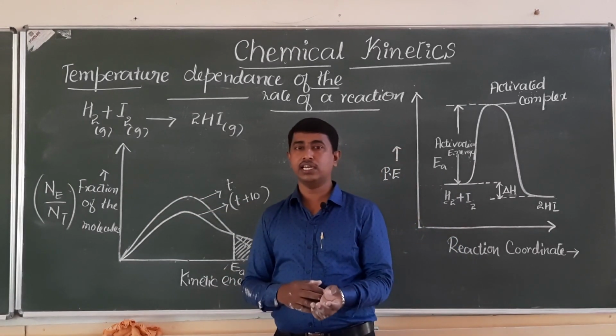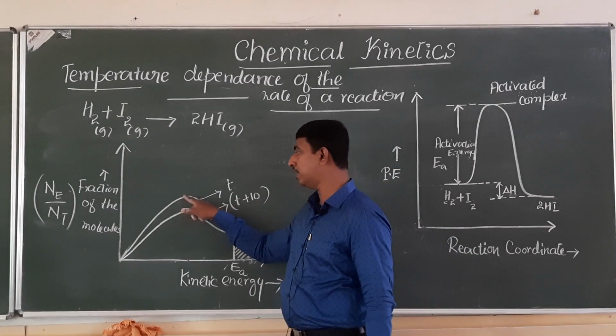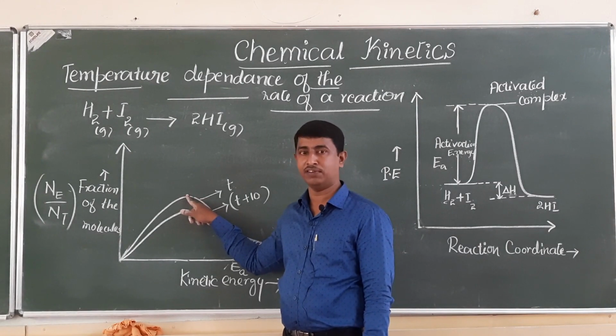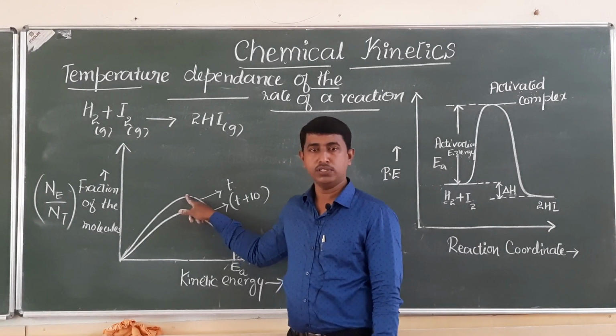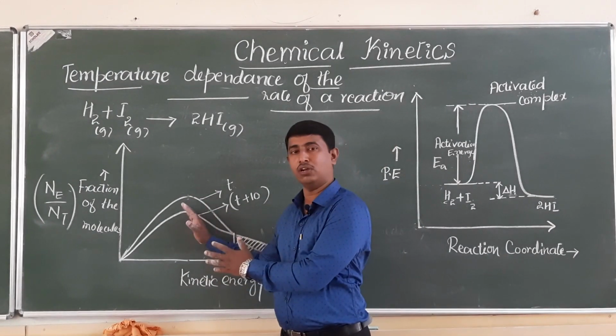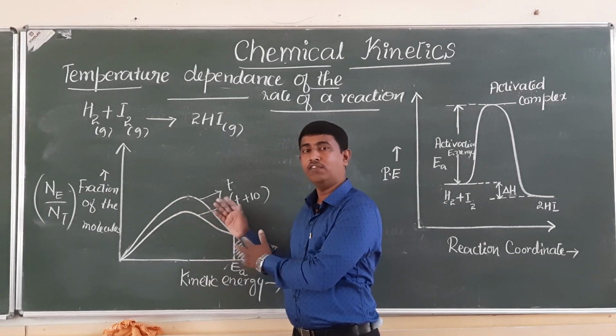The peak of the curve is considered the most probable kinetic energy, the energy possessed by the maximum fraction of the molecules. But there are some molecules with energy less than or higher than that value.